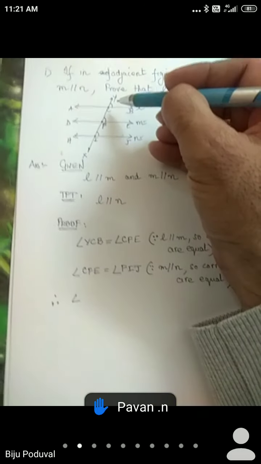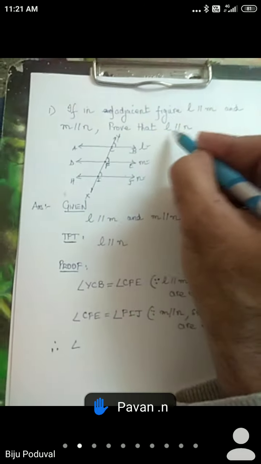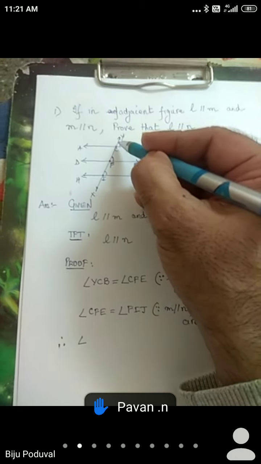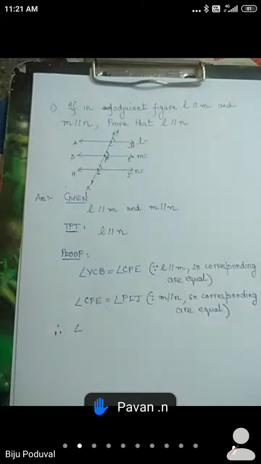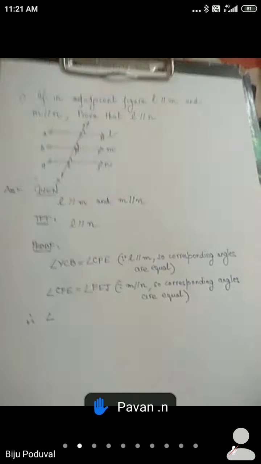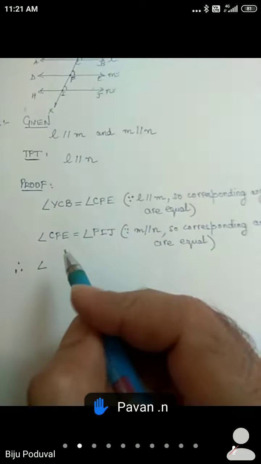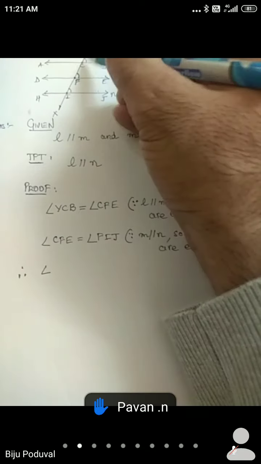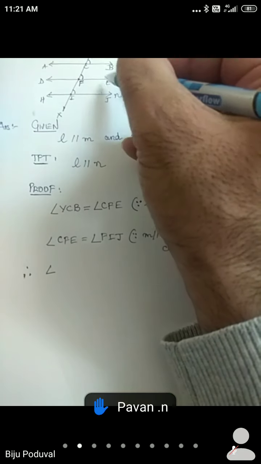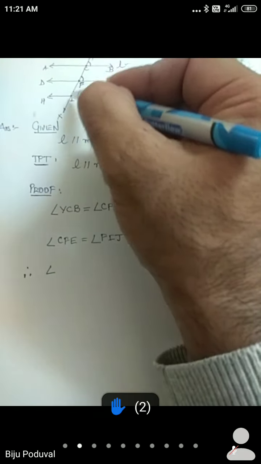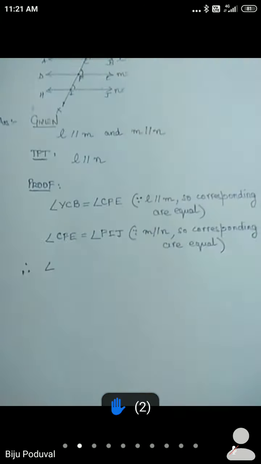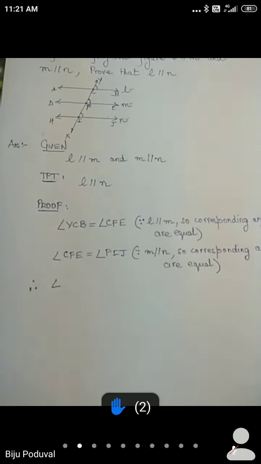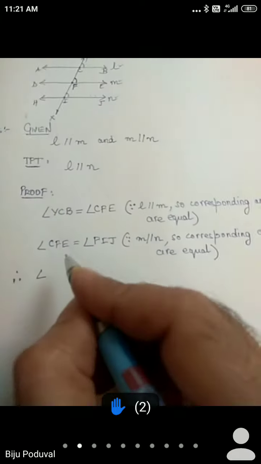We have to prove L is parallel to N, right? The corresponding angle of line L and the corresponding angle of line N should be equal. So from these two, if angle YCB is equal to angle CFE and angle CFE is equal to angle FIJ, that means angle YCB is equal to angle FIJ. Correct, no?